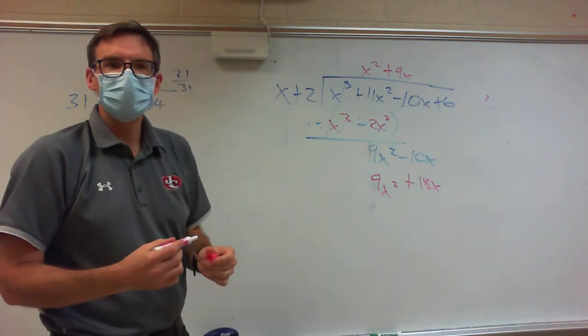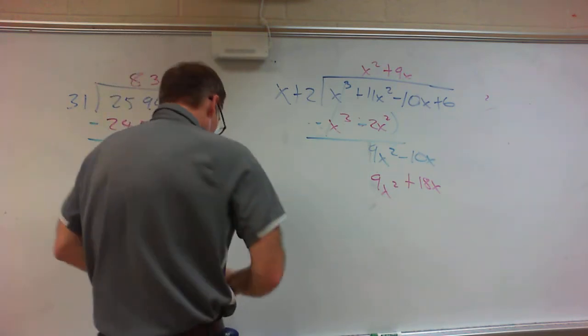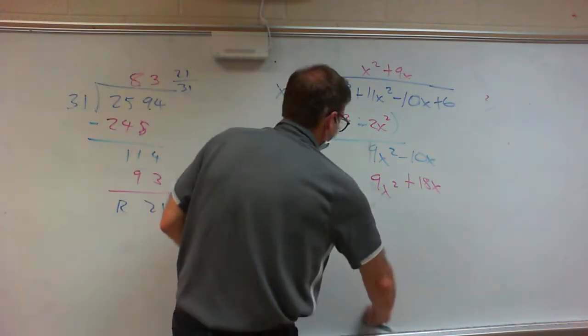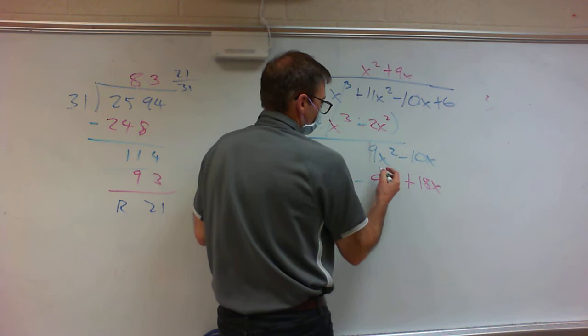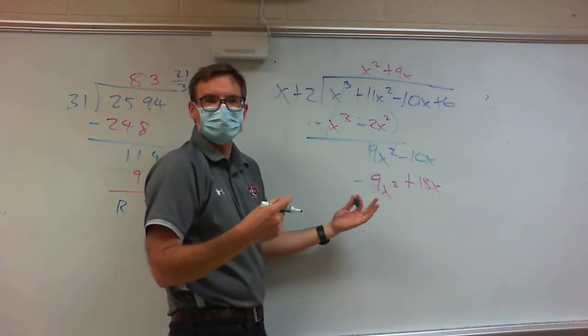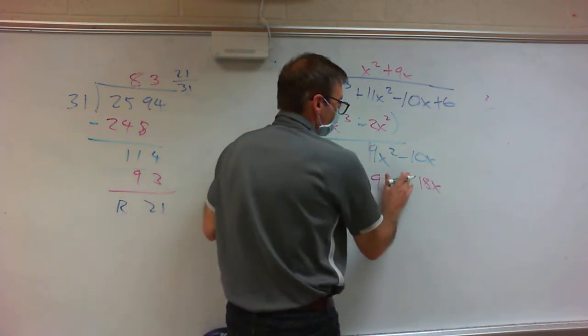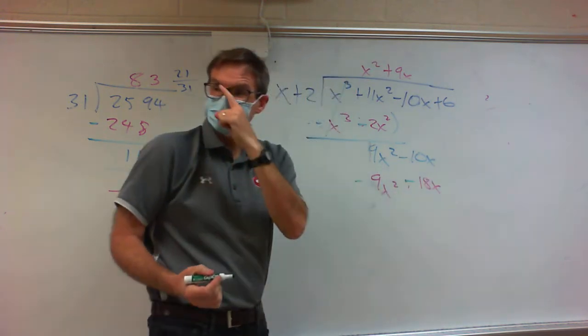And now what do you do? You subtract them. When you subtract a polynomial, you basically change all your signs. So that plus now becomes a minus.